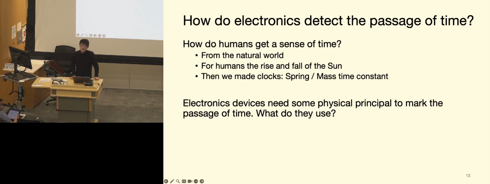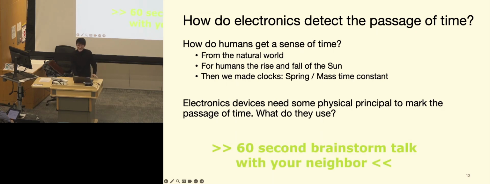Periodically vibrating in a pattern will add up to a second, and that's how we keep track of time. Mm-hmm, that is very correct, actually. Sixty seconds, we don't need to use that. But yes, it's pretty much vibrating crystals.